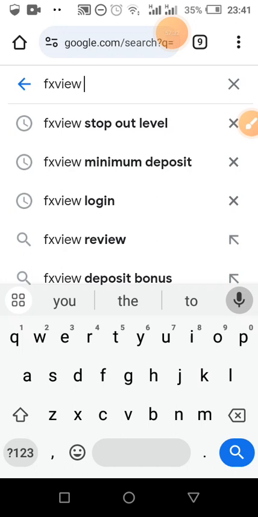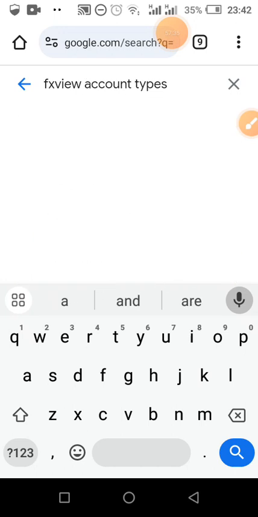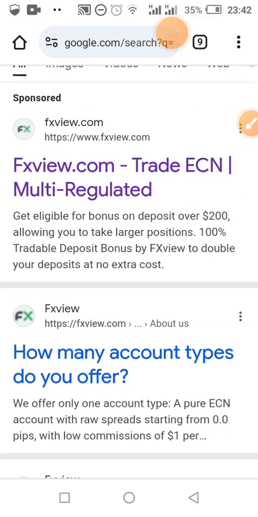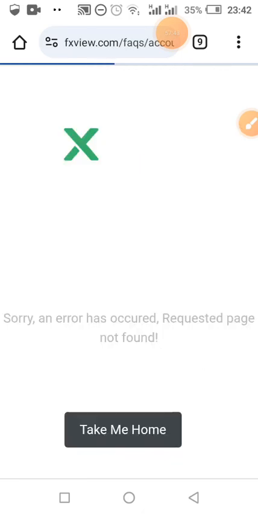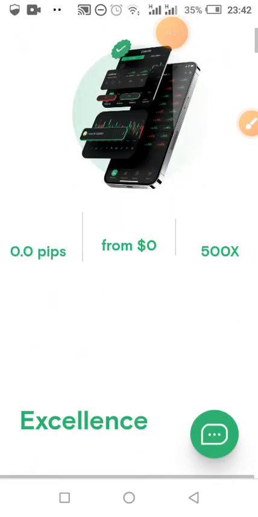So even if I go to FXView account types, you will actually see them there. Okay, so that page is refusing. Let me see if the home page from the browser here won't have a problem.